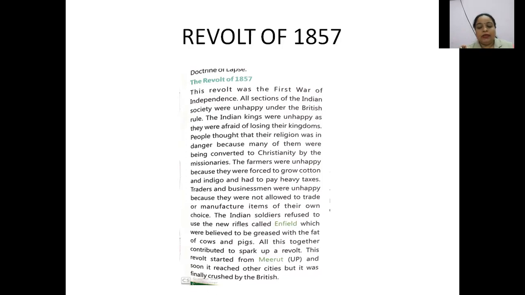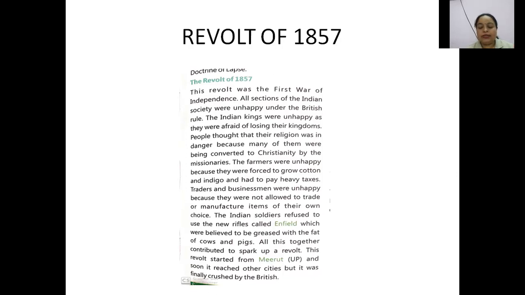So what happened? All this together contributed to the spark of the revolt. So everybody revolted in the revolt of 1857. But this was the immediate cause. This revolt started from Meerut in UP and soon reached other chiefs, but it was finally crushed by the Britishers.